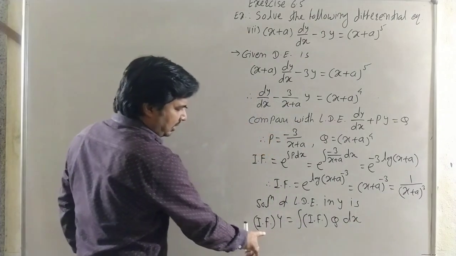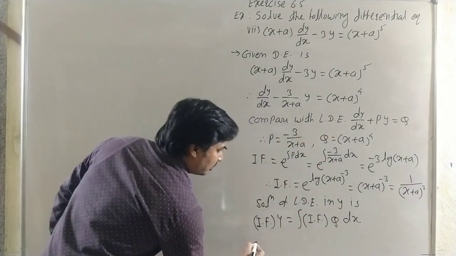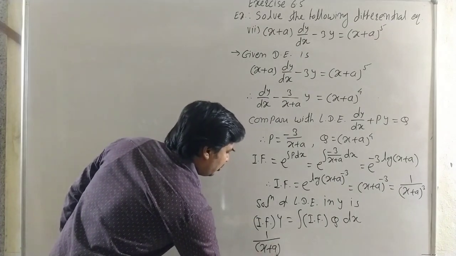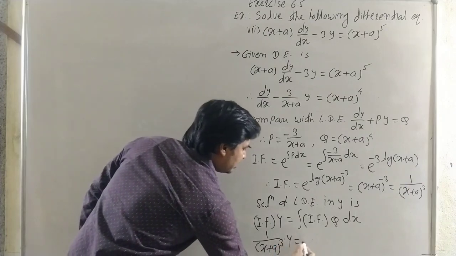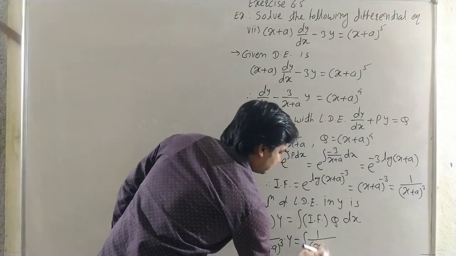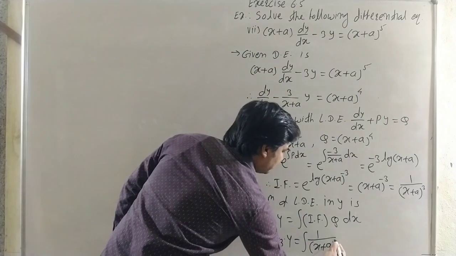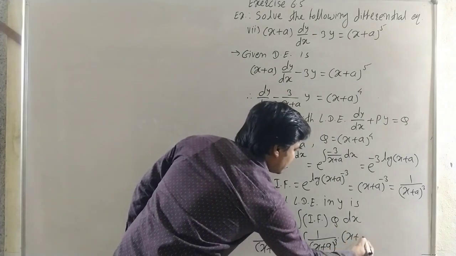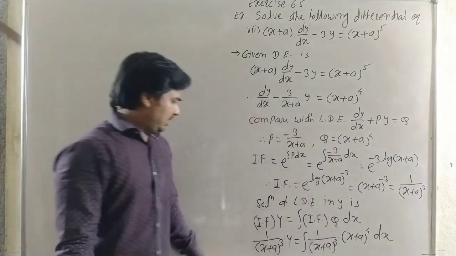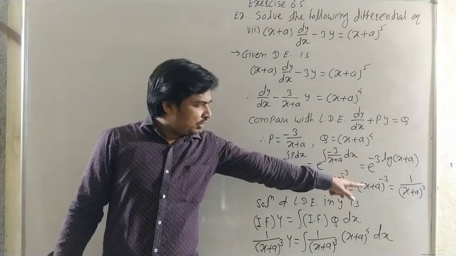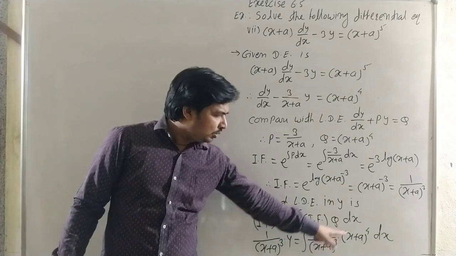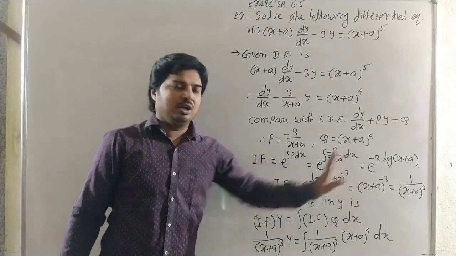Now write the value of the integrating factor and Q. Therefore, (1/(x + a)^3) y = the integral of (1/(x + a)^3) times (x + a)^4 with respect to x.